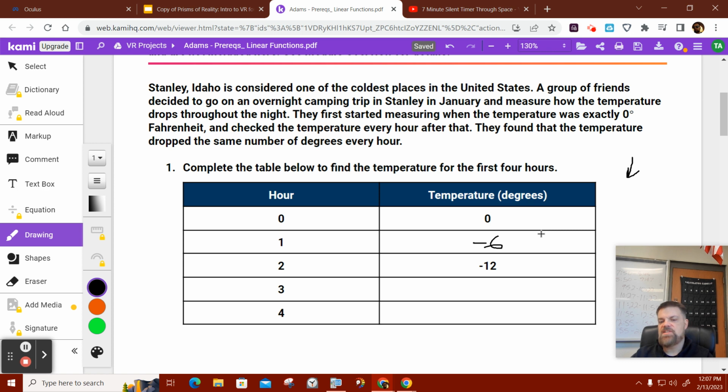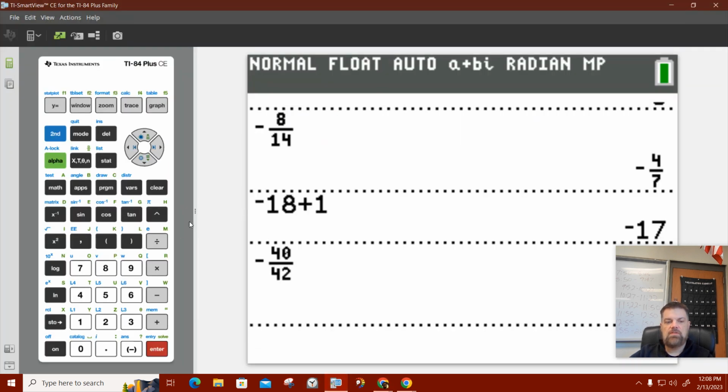So now, has everybody got a calculator? I want you to think about this. What do I do to get from 0 to negative 6? Subtract by 6, right? What do I do to get from negative 6 to negative 12? Subtract by 6. What do you think we're going to do again? Subtract by 6. Okay, so get out your handy-dandy calculators.